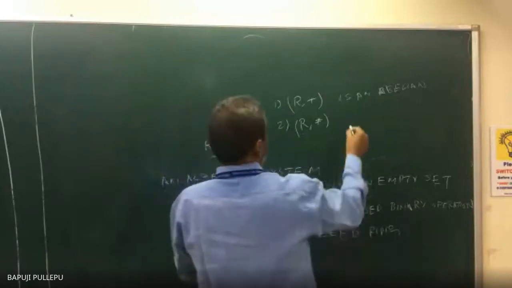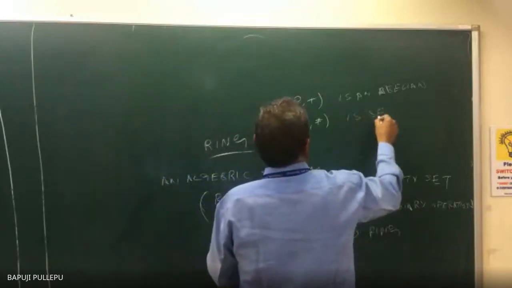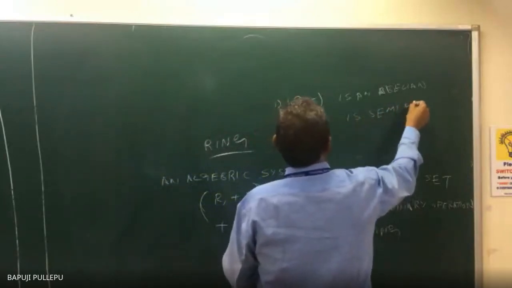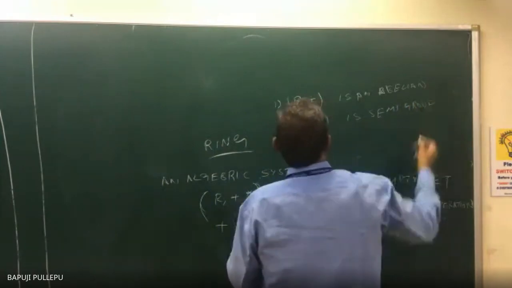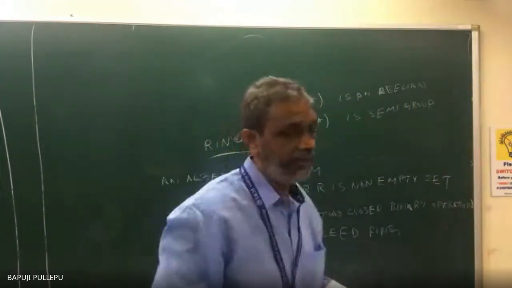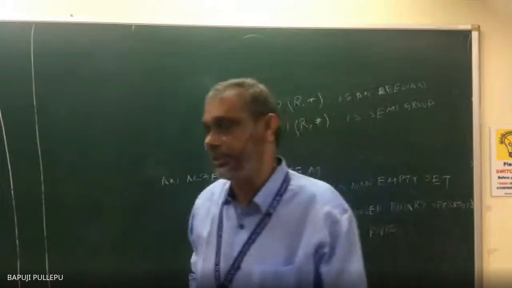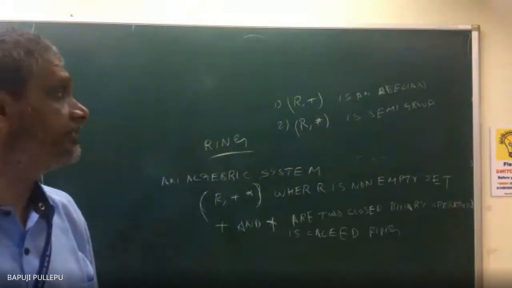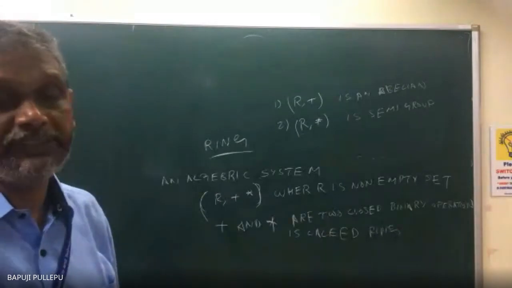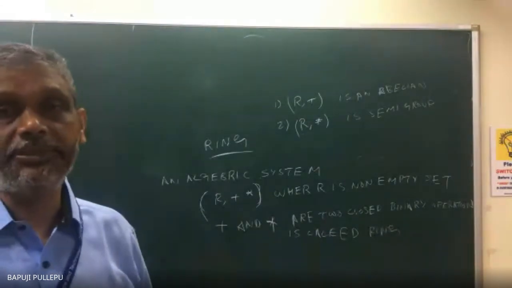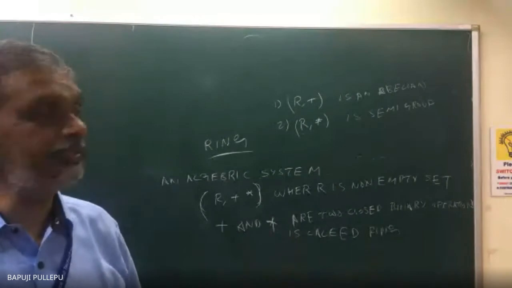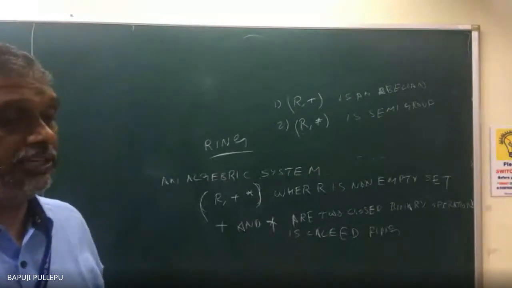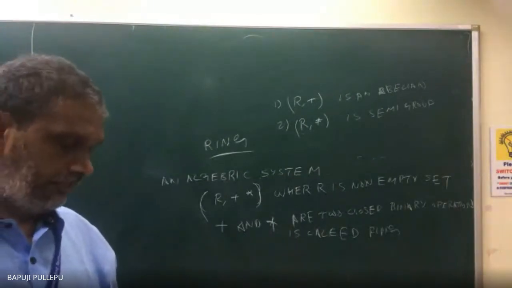R star is a semigroup. Abelian means it satisfies five conditions: closure, associative, existence of identity, existence of inverse. Semigroup means the first two properties are satisfied. Monoid means the first three properties. So closure and associative satisfied means semigroup.